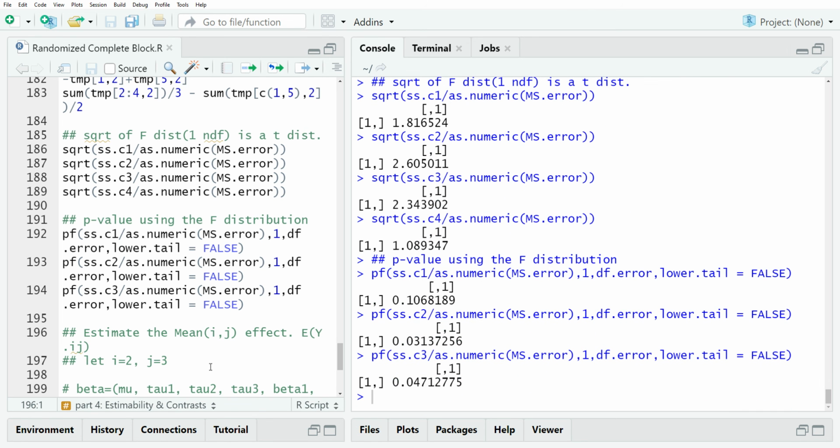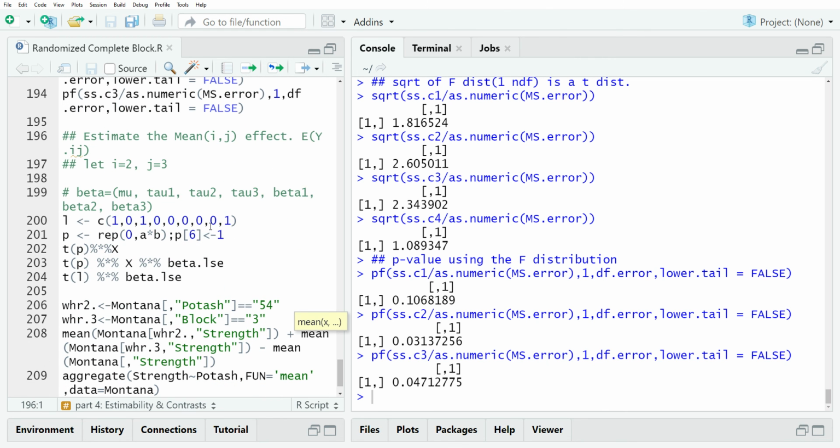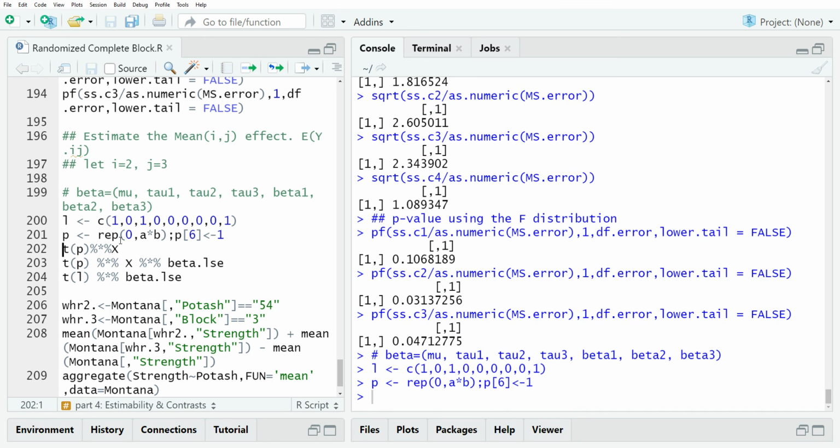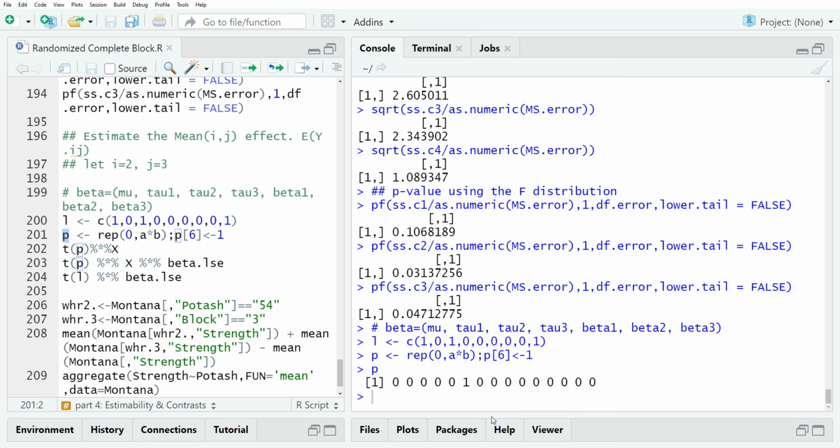And now just one more little piece here. We're going to look at the mean of the ijth treatment. And so if we look at this lambda parameter, it picks off mu, tau 2, and beta 3. So we rep that, right?